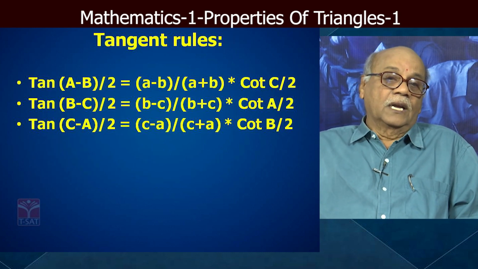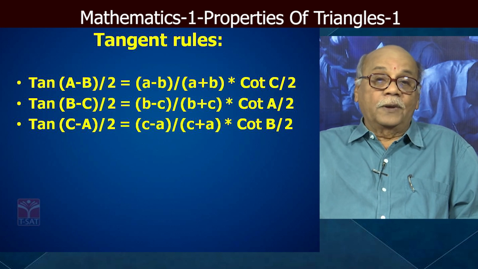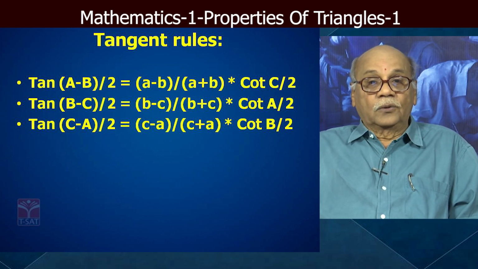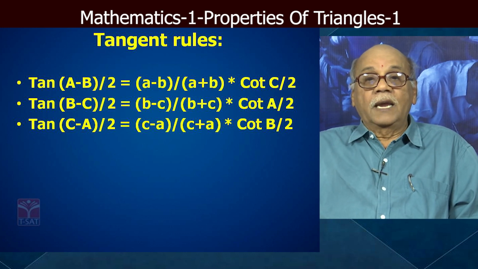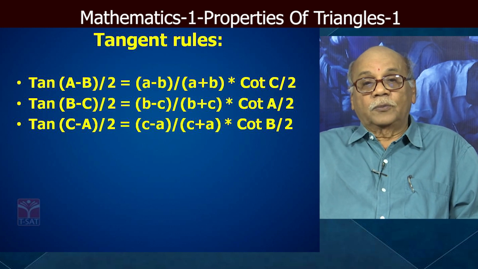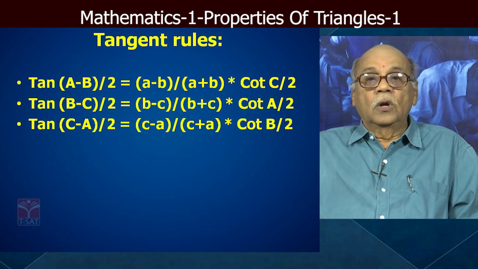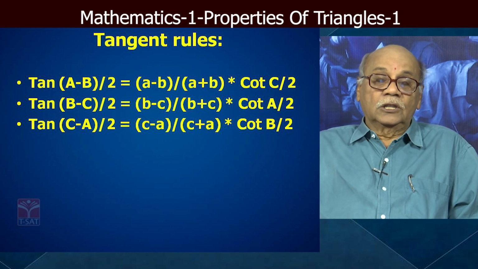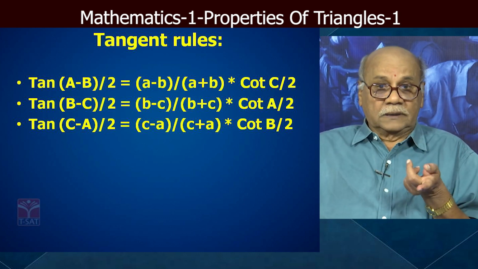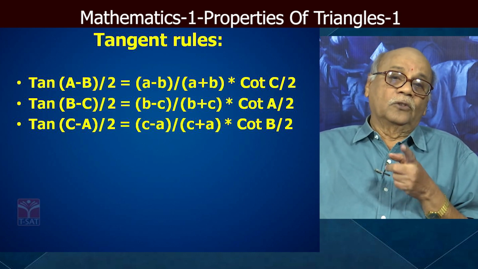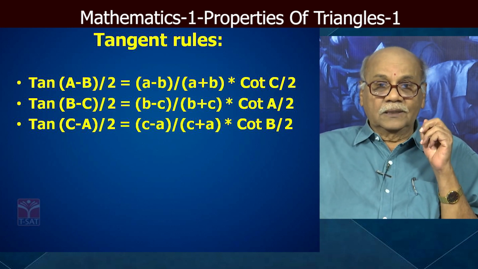Now, another one is what is called the tangent rule or Napier's analogy. Namely, in a triangle ABC, tan of (A minus B) by 2 is equal to (a minus b) by (a plus b) into cot C by 2.